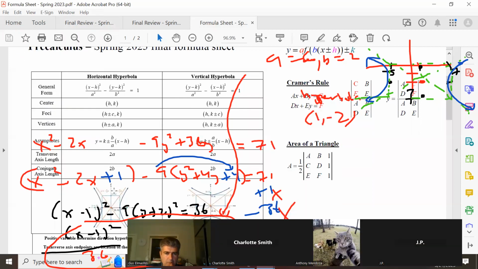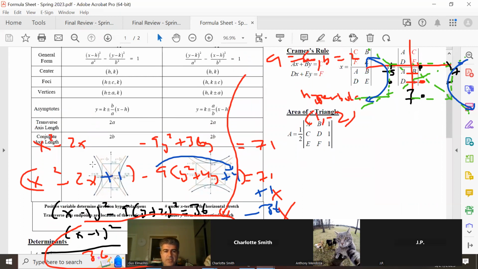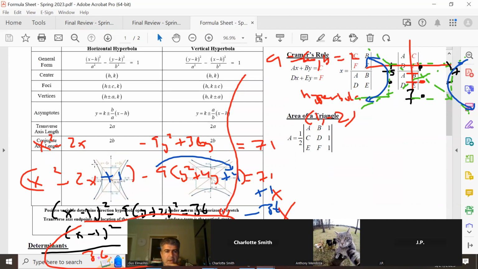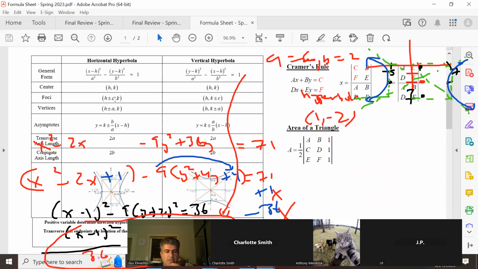It's a horizontal hyperbola. And how do we know it's a horizontal hyperbola? Because x squared is positive. That should be intuitive. Hopefully it's intuitive. If y squared is positive, it's opening up and down. And again, it's right there. And then c squared equals a squared plus b squared will be how you find the foci. The foci is going to be something you're adding to the center. But because it's opening left and right, you're going to be adding it to the x coordinates.